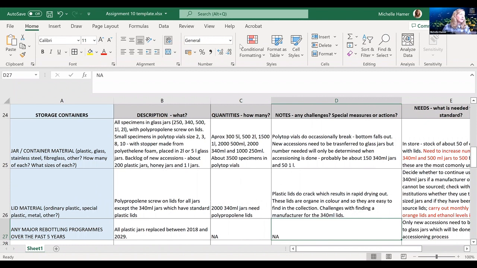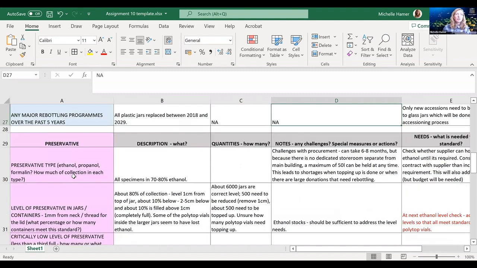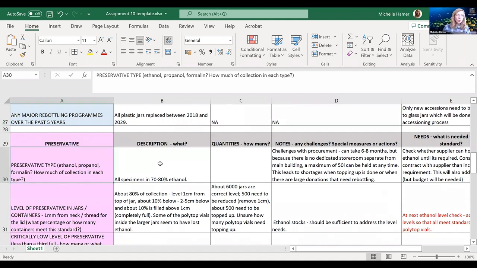Okay, then for the preservative, this is not in assignment 9, so this is new information that you're going to have here about the preservative. So the type: what do you store your collection in? If some are in ethanol, some are in formalin, what is the number or the percentage? Are there any issues? I know some institutions have problems with procurement.